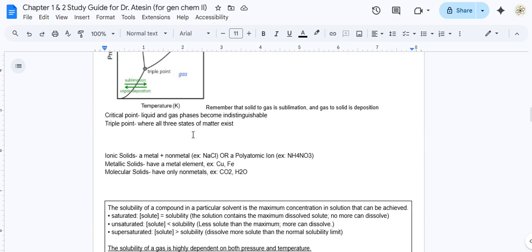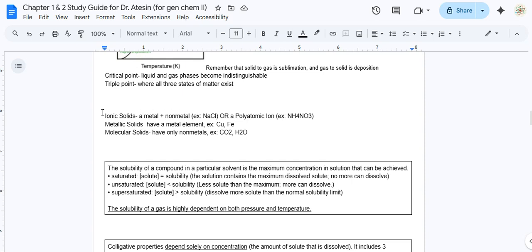Next topic, it's also a pretty short one. Ionic solids are a metal plus a nonmetal, or a polyatomic ion plus a polyatomic ion.